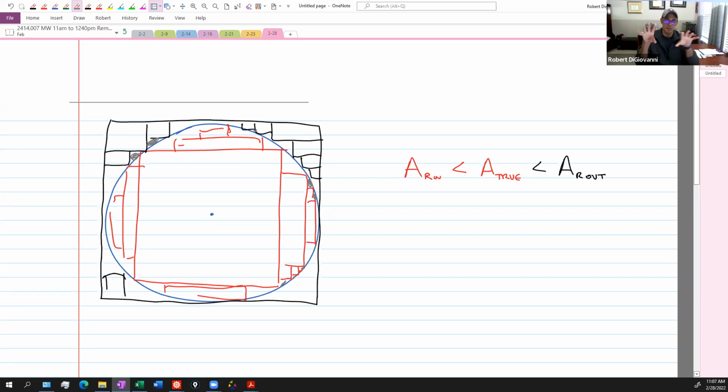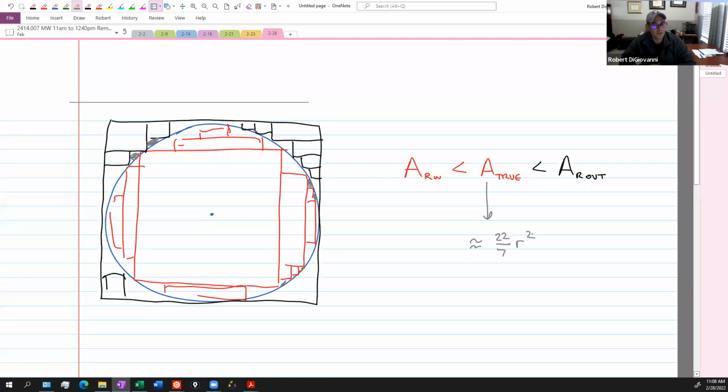So they would be able to somehow squeeze the true area between two numbers. And the more precise they got with their measurements and the more rectangles they added, the smaller that window became. And they were actually able to determine that the true area is really, really close to 22/7 times the radius squared.